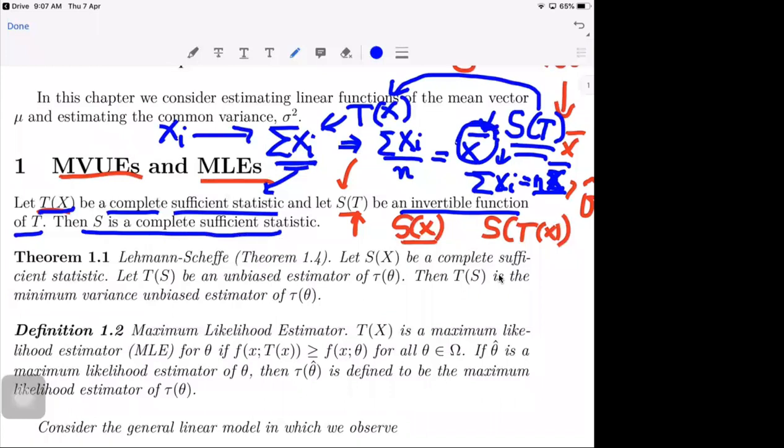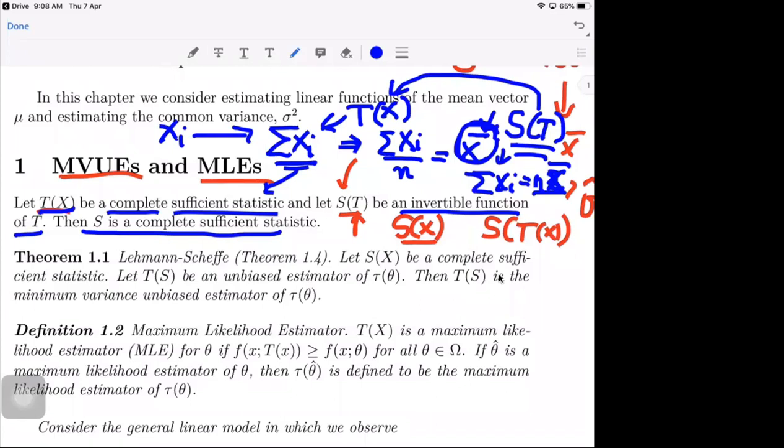Meaning, x bar here is also a complete sufficient statistic. So a function of a complete sufficient statistic is also a complete sufficient statistic. Do you follow? Yes, ma'am. So in our notation, the T of X will be the summation of X, and the S of T will be X bar.